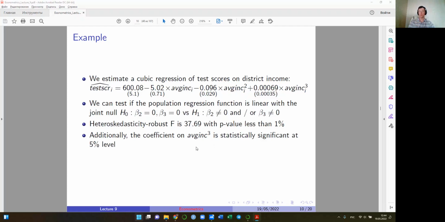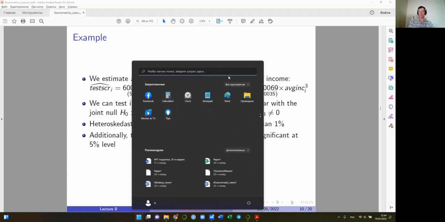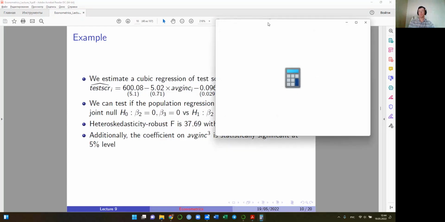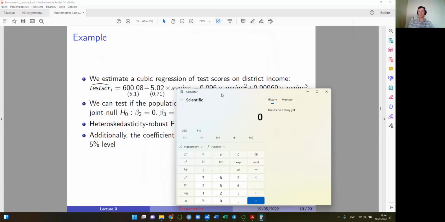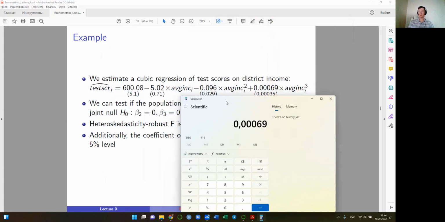So let me show you that if we compute the t statistic for this coefficient, we take 0.3069 over 0.3035, and the t statistic is 1.97. And you remember that the critical value is 1.96. So it's very close to not being rejected at 5%.